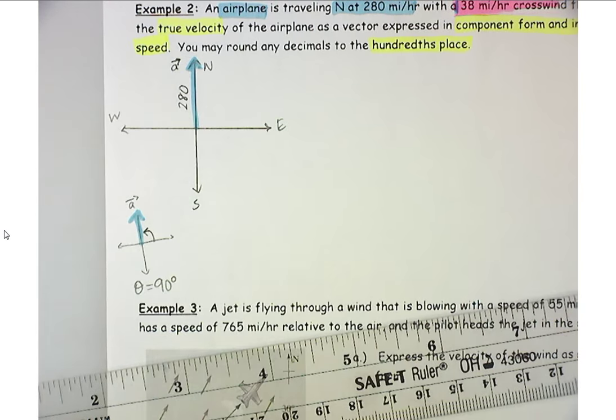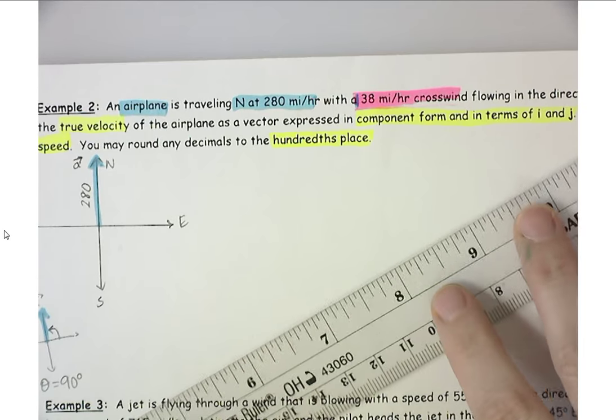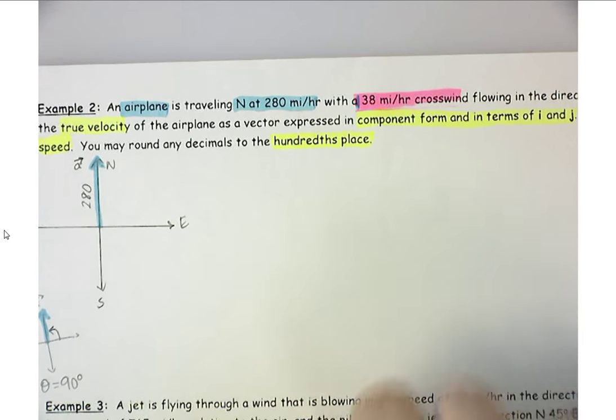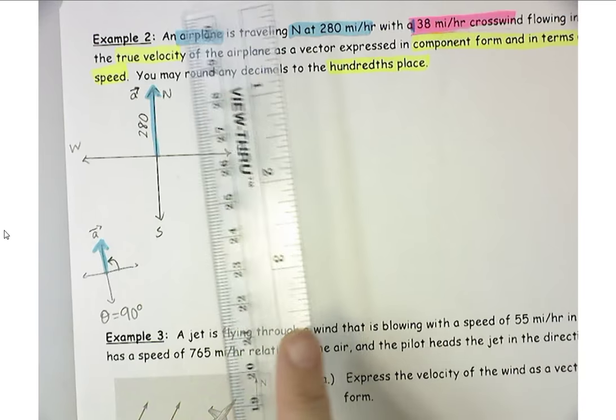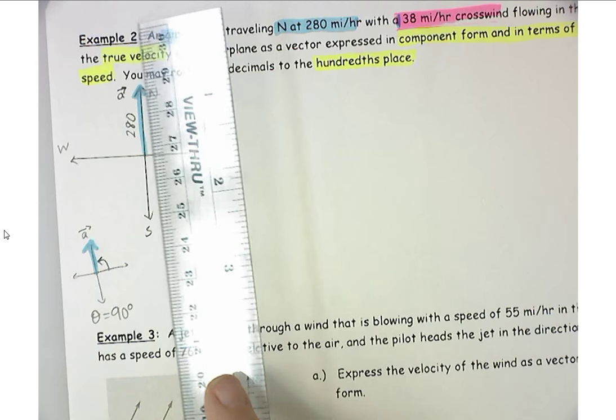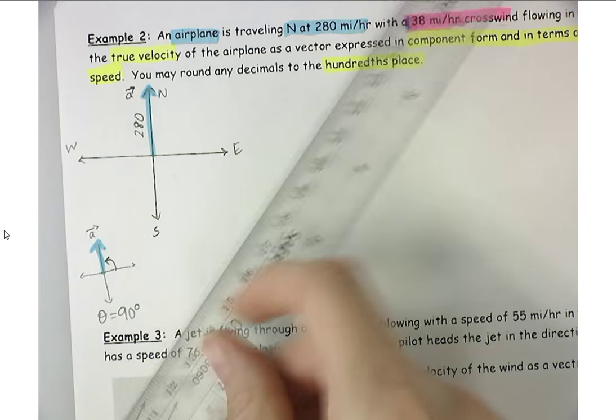Okay, now when we do the 38-mile-an-hour crosswind, that's in the direction north 60 degrees east. So if it's north 60 degrees east, you're going to start going north, and then you're going to adjust 60 degrees to the east.